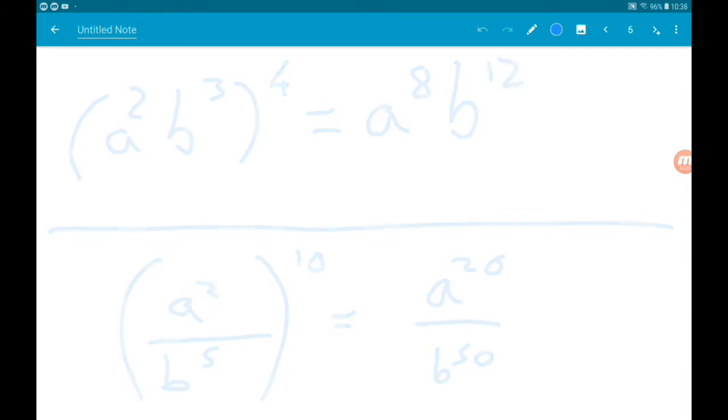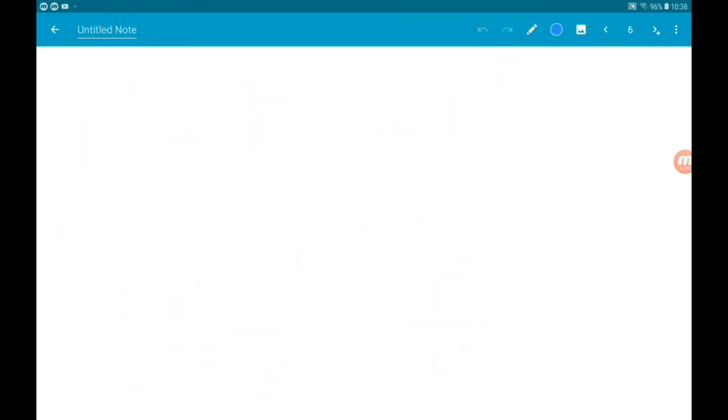Okay, now then let's combine the rules. So, first up, let's just go for something like x to the power 7 times x to the power 5 divided by x to the power 9.